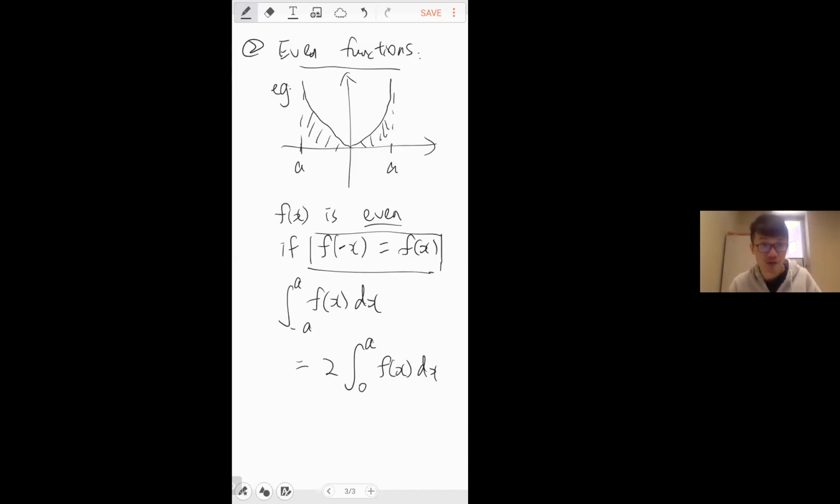So taking the integral from -a to a is the same as 2 times the area from 0 to a. Questions?